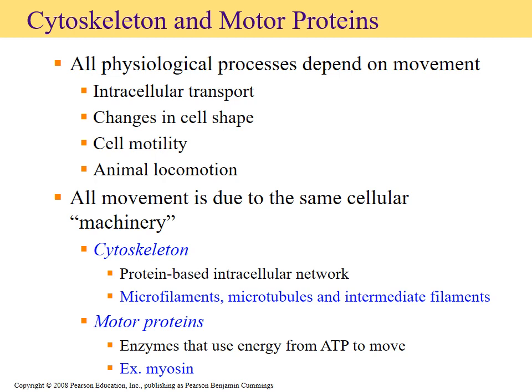Your motor proteins are going to be a group of enzymes that use energy from ATP to move items around. So we'll talk, for instance, about one of the motor proteins named myosin, which is essential for forming the thick filaments in muscles, which allow for the sliding filaments to be discussed so that we can see our muscle contraction and partly our muscle relaxation.